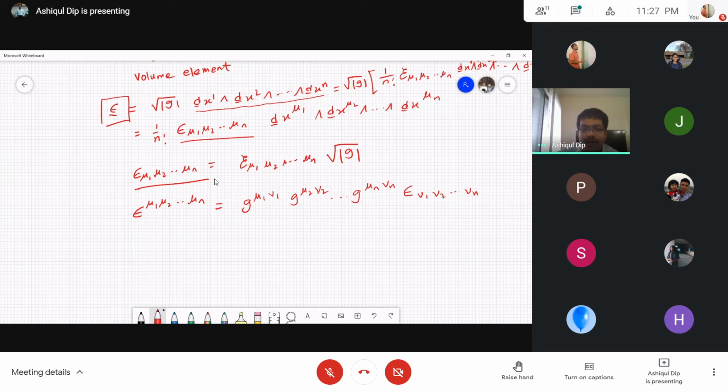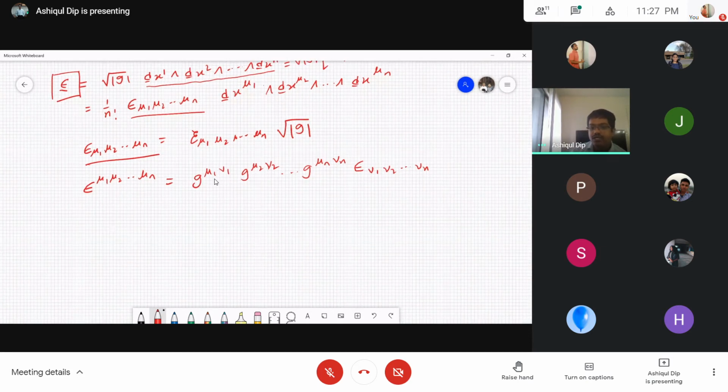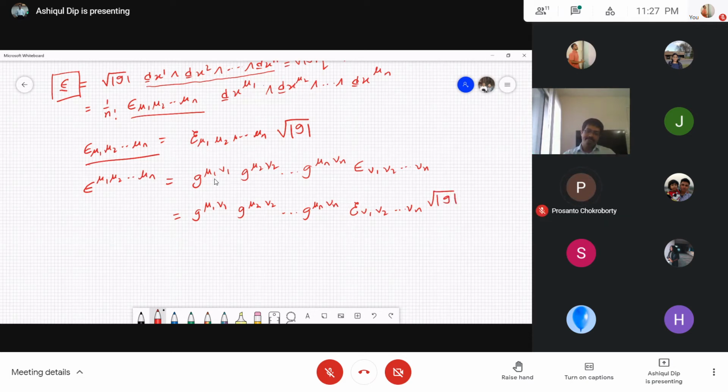Now we can substitute E for epsilon. That will give you g mu1, g mu2 up to g mu n, then E mu1 mu2 up to mu n times the square root of the norm of g, right?